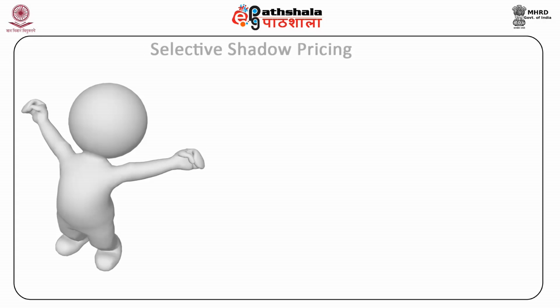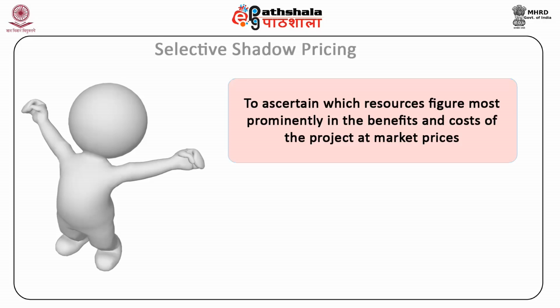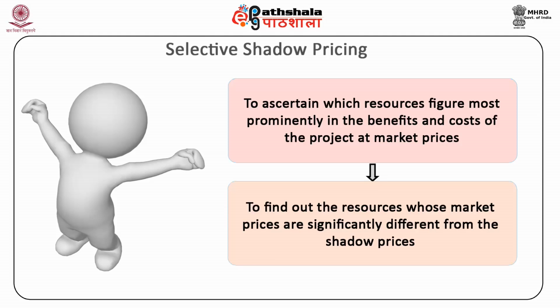In fact, there are two criteria to be taken into account: to ascertain which resources figure most prominently in the benefits and costs of the project at market prices, and to find out the resources whose market prices are significantly different from the shadow prices.